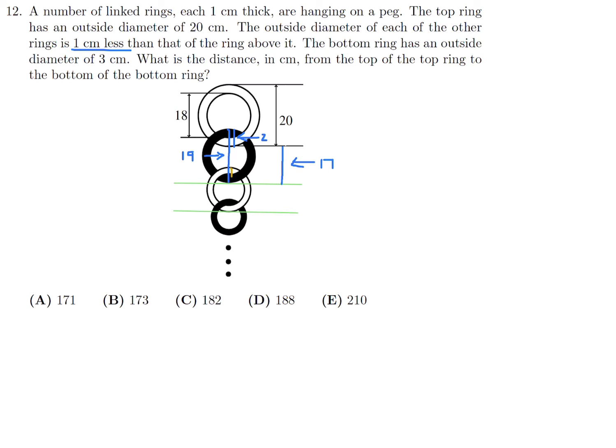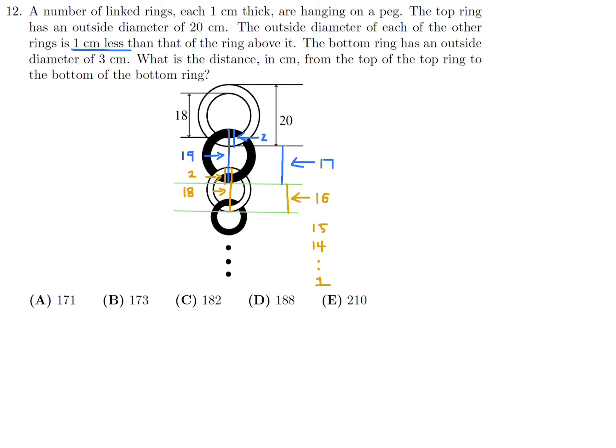Top to bottom, from there to there for the next ring, is 18, 1 centimeter less. But if we want this distance, we have to subtract from it that distance, which is 2. So this is 16. And if you continue this, you'll see it'll be 15, 14, all the way down to the very last one, which will give you 1.